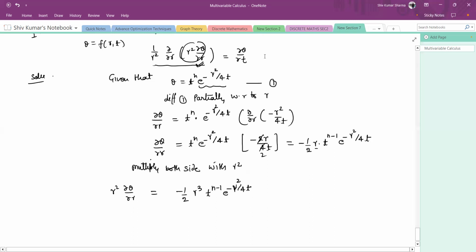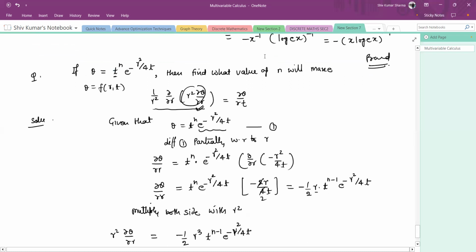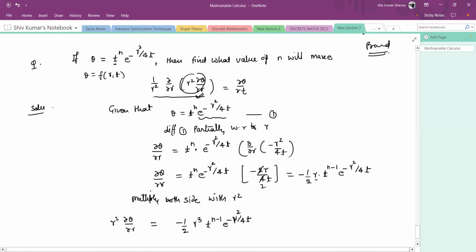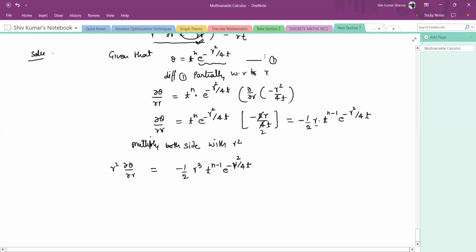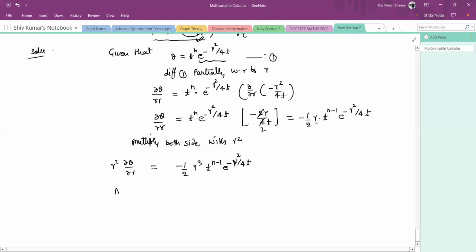Okay. So now again we see the LHS part. That means now we differentiate this with respect to r, so del upon del r. So now again we differentiate the above equation with respect to r partially.